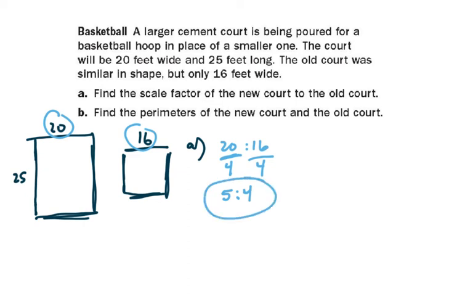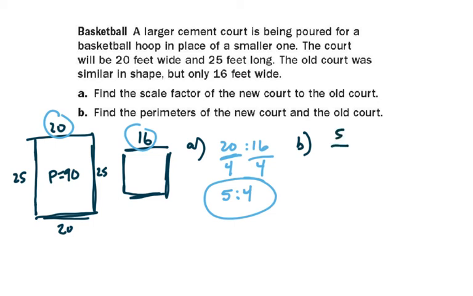That's part A. Part B is find the new perimeter. So the good news is courts are rectangles, so if that's 25, that's 25. If that's 20, the bottom's 20. And we add these all together, and we find out that the perimeter of the new court is 90. We're going to use this to find the perimeter of the old court.